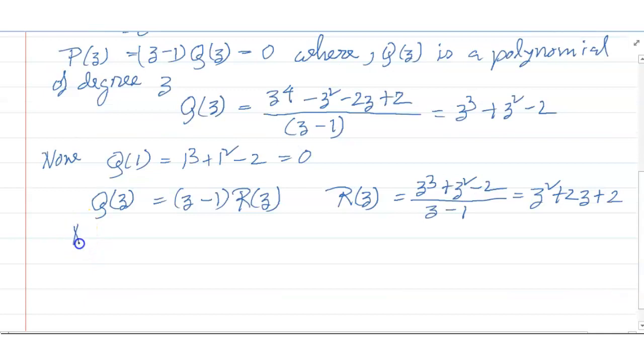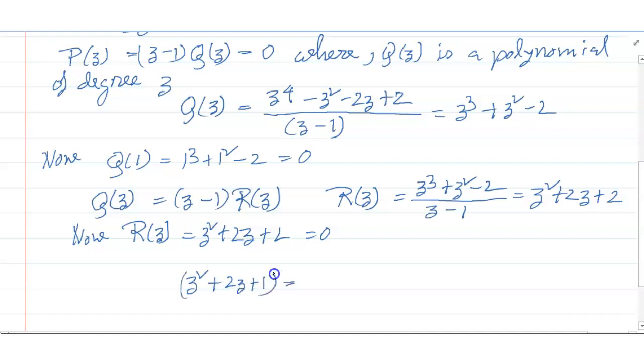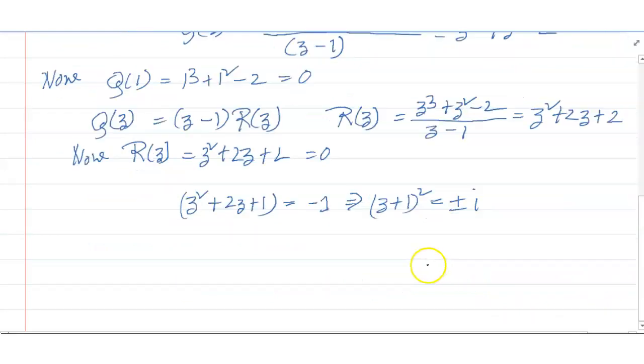Now r(z) = z^2 + 2z + 2 = 0, and so friends, it can be written z = (-2 ± sqrt(-4))/2 = -1 ± i. So friends, we get z = 1 and z = -1 ± i.